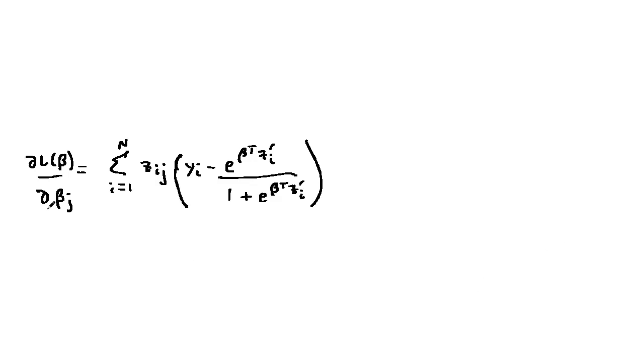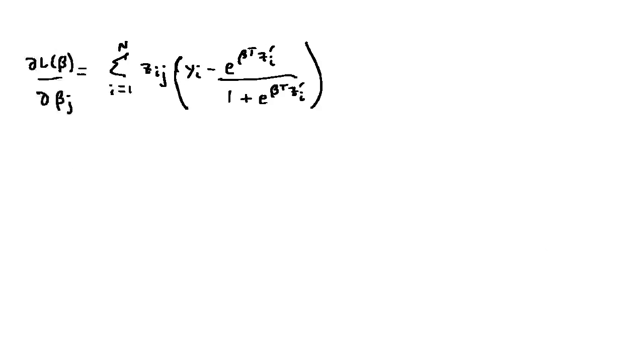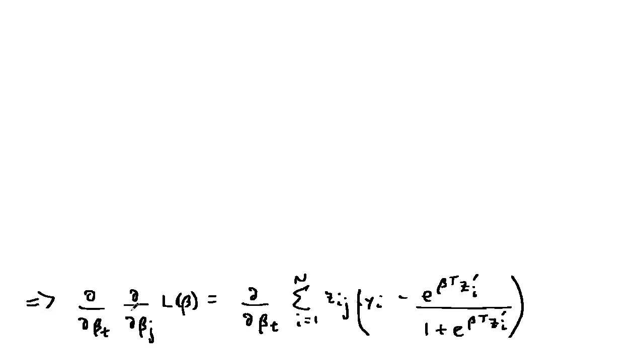From earlier, we know that the partial derivative of L with respect to beta j is given by this. So the partial derivative with respect to beta t of that is given by the partial derivative with respect to beta t of that sum. Okay, and this is equal to the sum of the partial derivatives of the stuff inside.